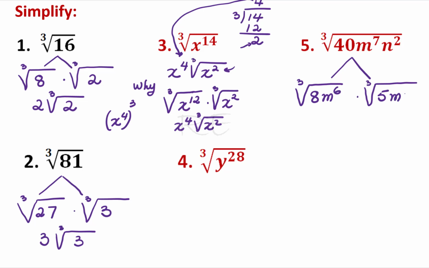We're left with m. And n squared is irrational. So cube root of 8m to the 6th is 2m squared, 6 divided by 3, times cube root of 5mn squared. That's our answer.